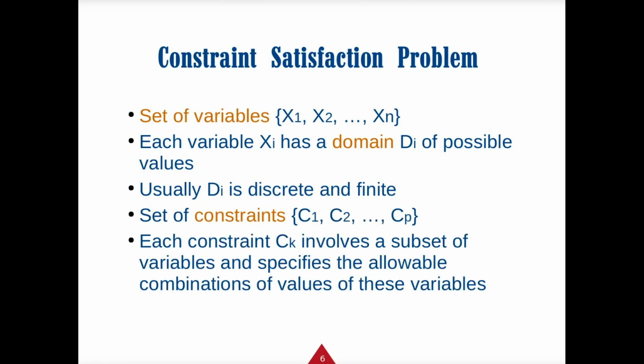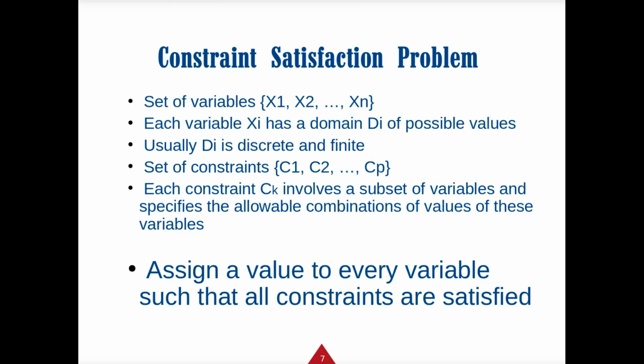Each constraint Ck involves a subset of variables and specifies the allowable combinations of values of these variables. So basically, your set of constraints will say, okay, I have this going on, what ones are limited now? If you think about this, as you add more variables and set more variable values, you're going to get more and more constraints and less and less allowable positions.